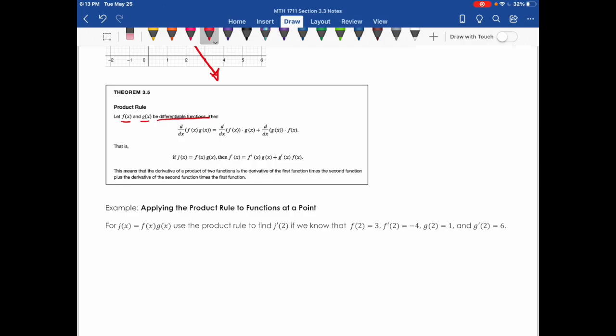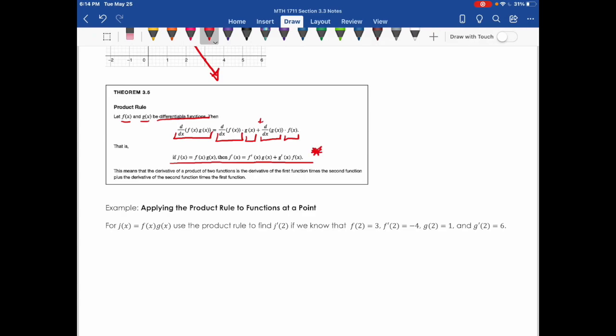If they're each separately differentiable, when I take the derivative of the product, I'm allowed to use this quick shortcut. The shortcut says, if I want to take the derivative of them multiplied together, then I'm going to take the derivative of one of them and multiply it by the second. And then I'm going to take the derivative of the second and multiply it by the first, and then add them together.